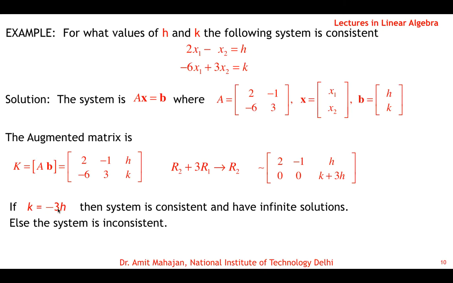If k equals minus 3h, then the system is consistent and has infinite solutions, because the second column is always a free column. There is only one pivot position, in the first column; the second column does not have any pivot position, so it's a free column and there will always be infinite solutions if the system is consistent. And if k is not equal to minus 3h, then the system is inconsistent. So this is how we can check the consistency of a system of equations.